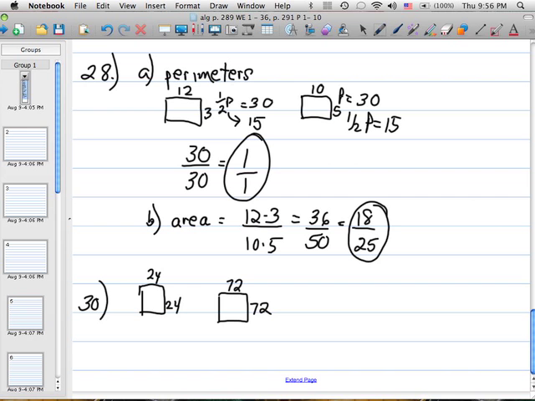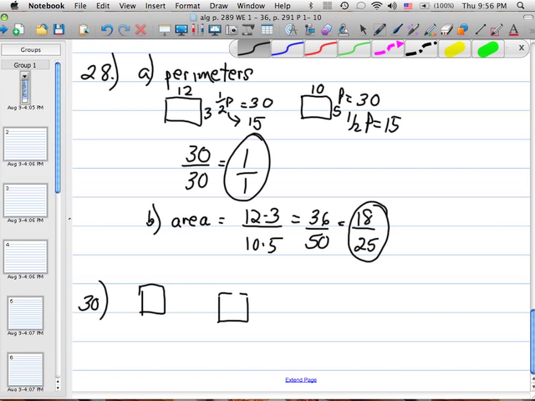This might be easier if we just change them to feet. So if we go back to the square with 24 inches, 12 inches make a foot, so it's 2 feet by 2 feet. And the other square is 2 yards, so each yard has 3 feet, so this would be 6 feet by 6 feet.